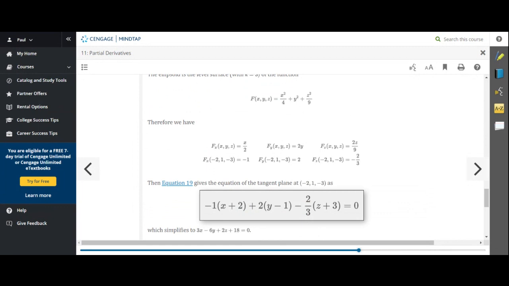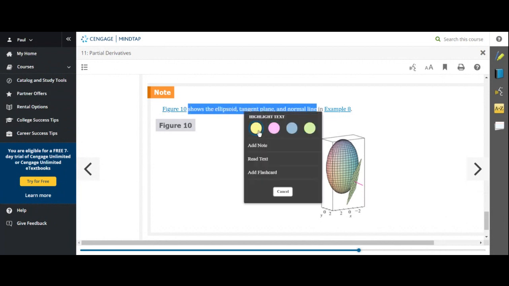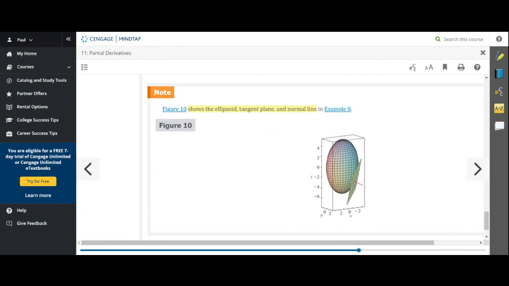And then if you want the equations of a normal line to the point, if we look at the picture that goes with example 8, here's the picture. You have the ellipsoid, and there's the tangent plane, and then there's a normal vector, a normal line. We know the equation of the tangent plane. Now we want the equation of the normal line.